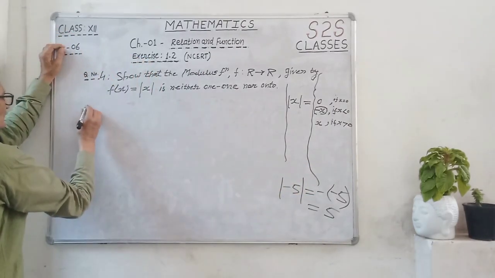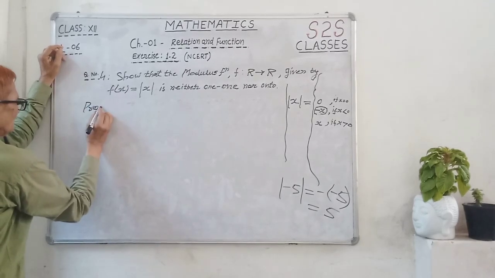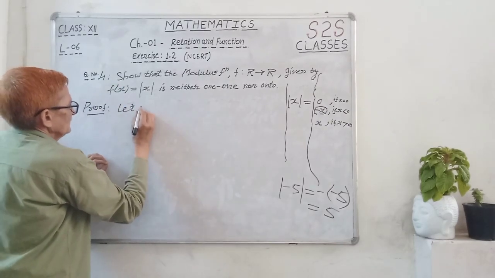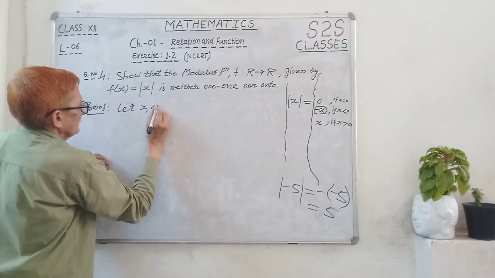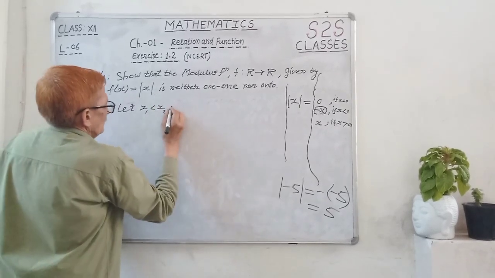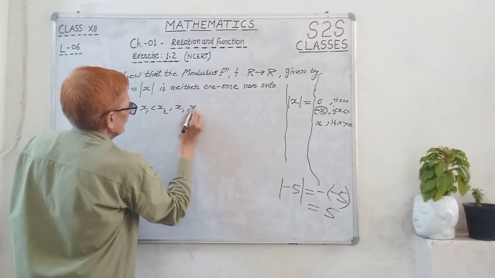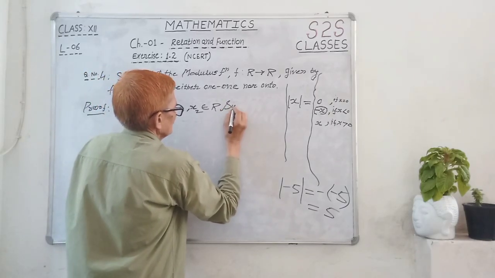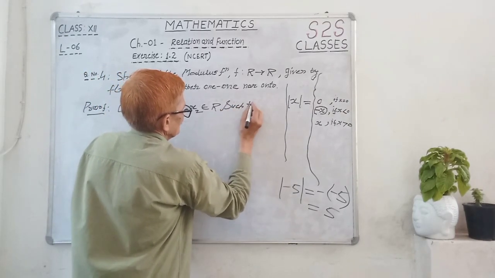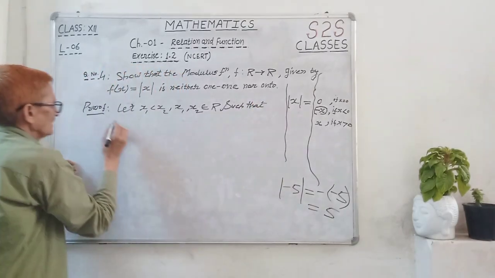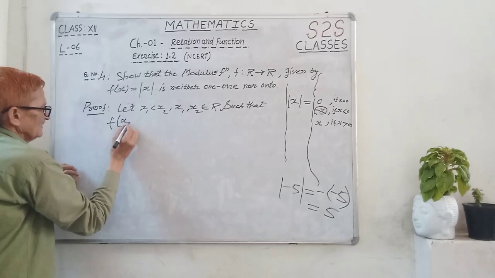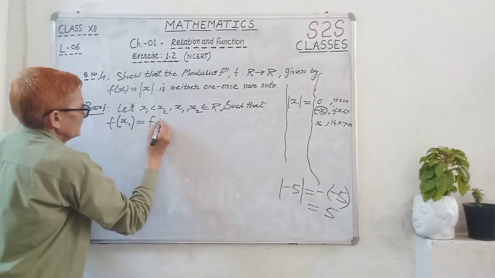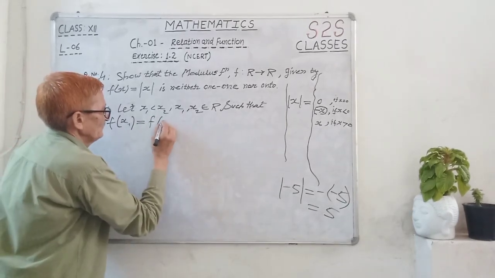Now for this proof, let x1 less than x2, where x1, x2 belong to the domain of real numbers, such that, by the standard method, the output at x1 is equal to the output, meaning the image, f of x2.